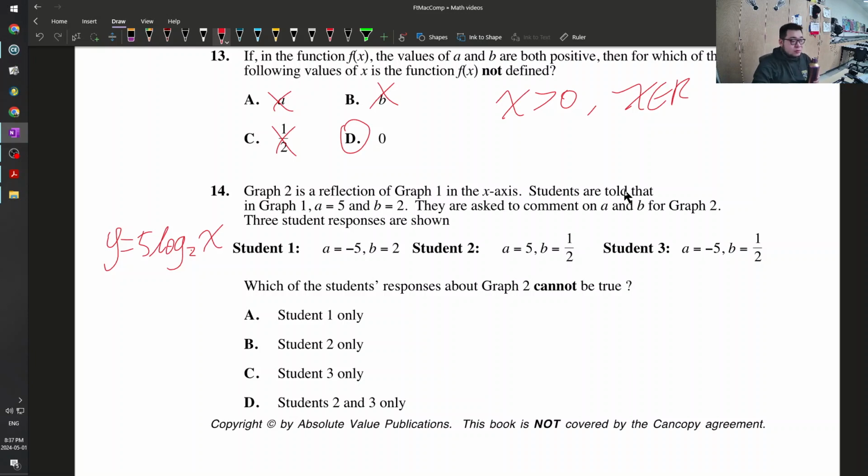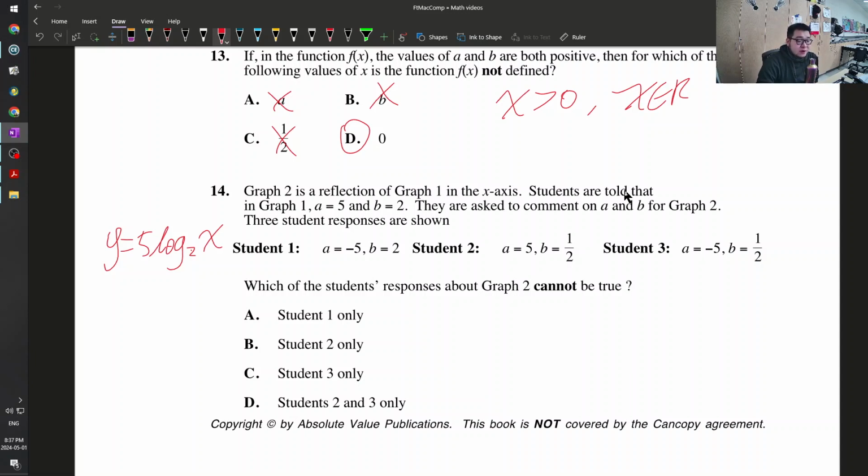So now they want to find what a and b are for graph 2. You can just graph this out, see what it looks like, and which one of it cannot be true.